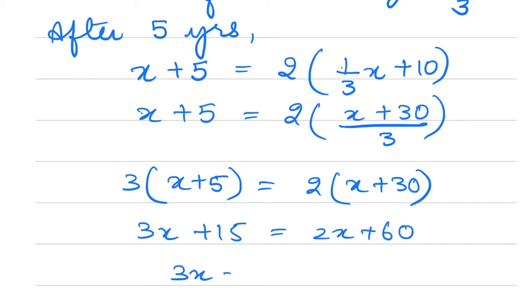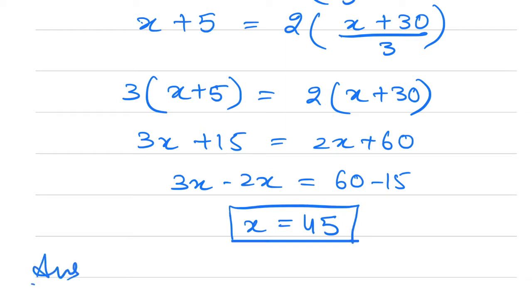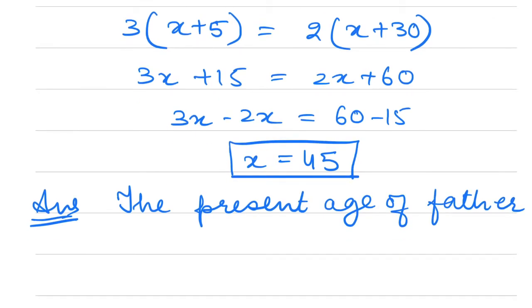Now 3x minus 2x is equal to 60 minus 15. So x is equal to 45. Answer. The present age of father is 45 years.